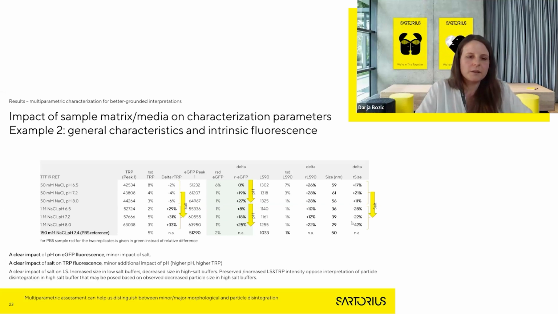Introducing several different probes might complicate the interpretation of the results, but I don't see such a problem in using, let's say, one surface protein marker targeted by an antibody and another probe that passes the membrane, so membrane permeable, to assess the particle cargo.